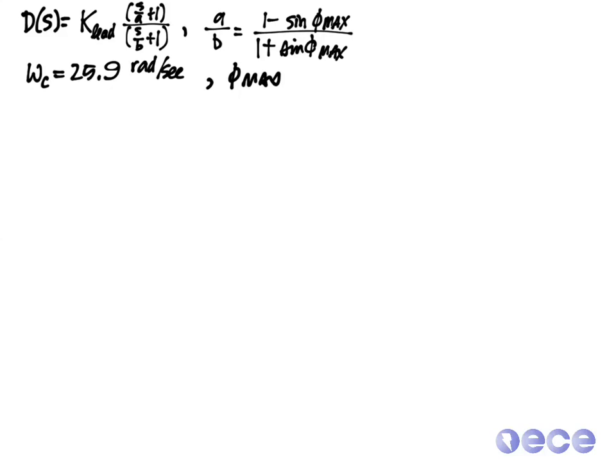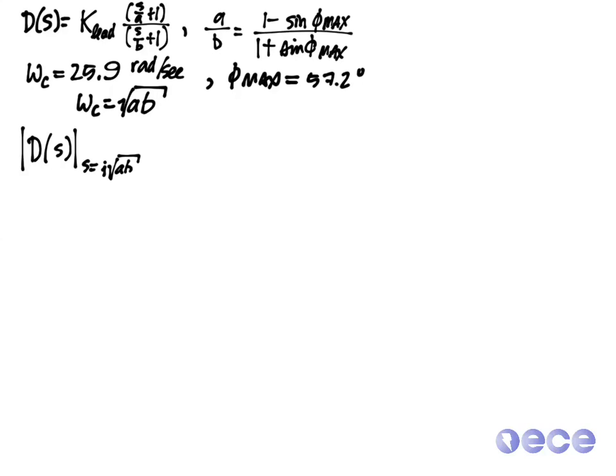Phi max is equal to 57.2 degrees. So that gives us, if we remember that omega c should be equal to the square root of a times b, we can now calculate the ratio of a over b. Such that D(s) at s equals j square root of ab equals 1.